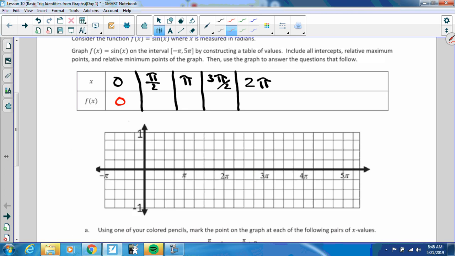When my angle is pi over 2 radians, what's my sine? 1. When my angle is pi radians, what's my sine? 0. 3 pi over 2? Negative 1. Good. And 2 pi? 0.